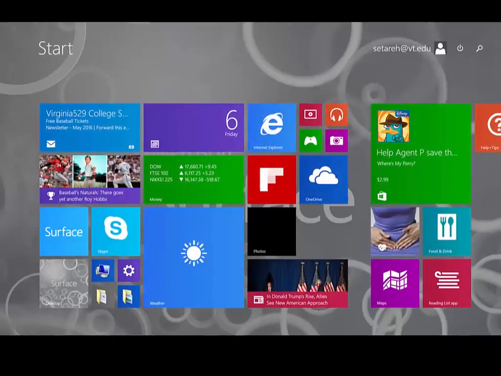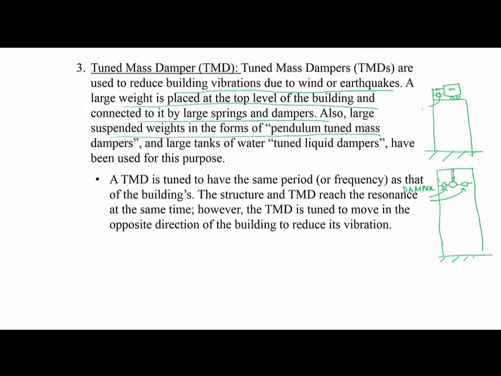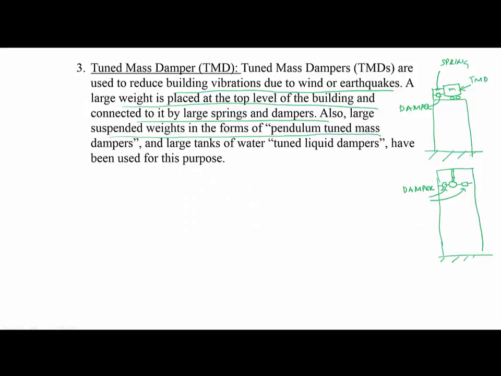And this is also a damper, and these are springs. This is a tuned mass damper, TMD, and this is a pendulum tuned mass damper. Then I can call this a PTMD.